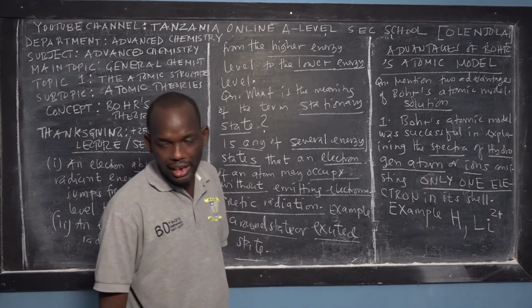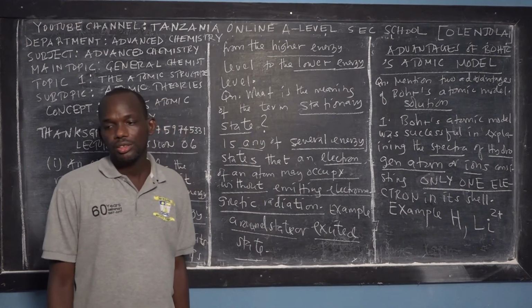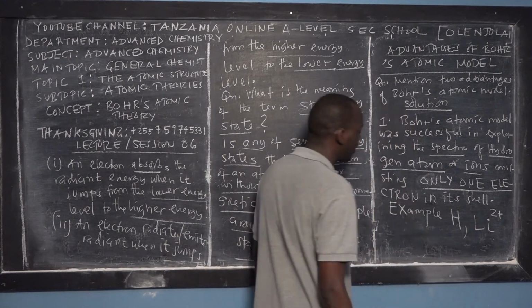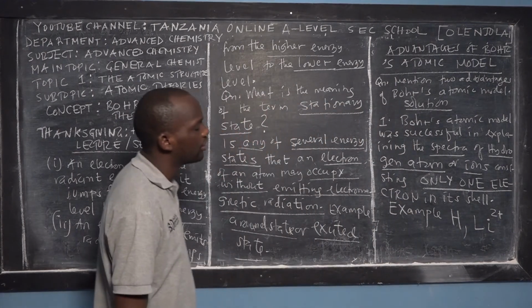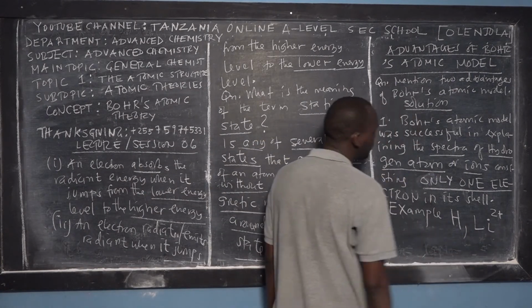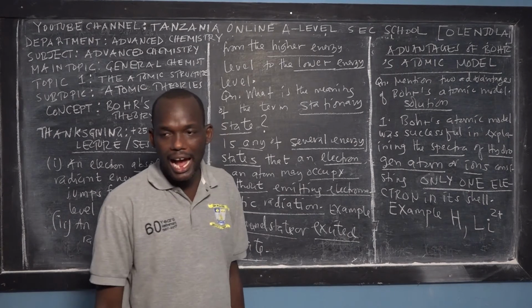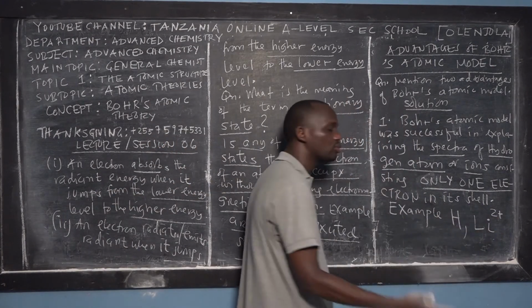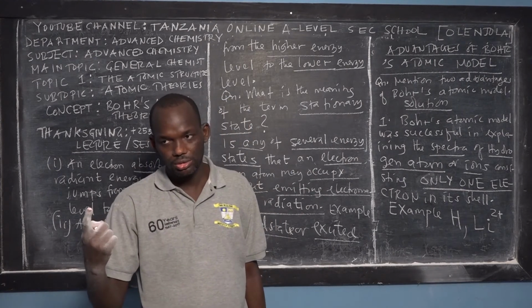Because lithium has how many electrons? 3 electrons. When it ionizes by receiving the first ionization energy and second ionization energy, in case of energetic, then it forms a lithium ion. So at this state, it has lost 2 electrons, it remains with only 1 electron.